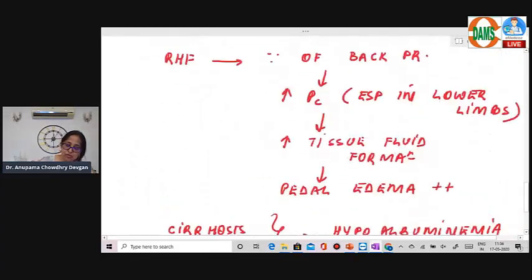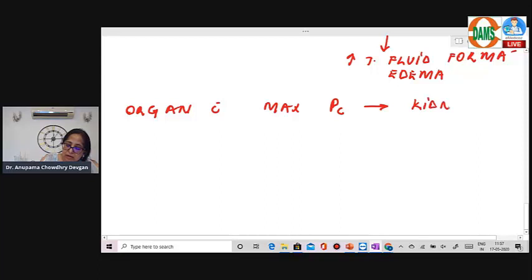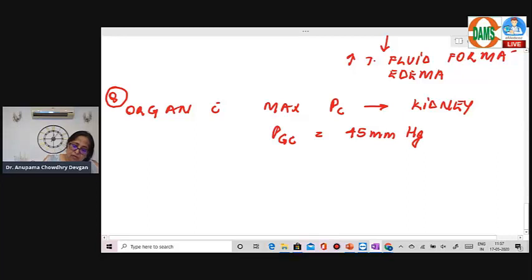All right, now 2-3 important questions here. Organ with maximum PC is going to be the kidney. The hydrostatic pressure in the glomerular capillaries is 45 millimeters of mercury.